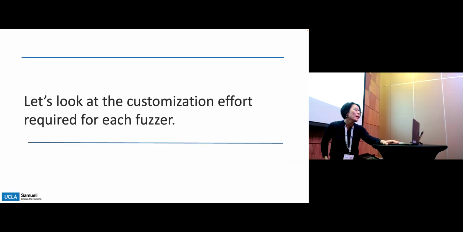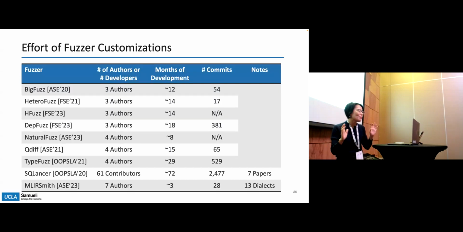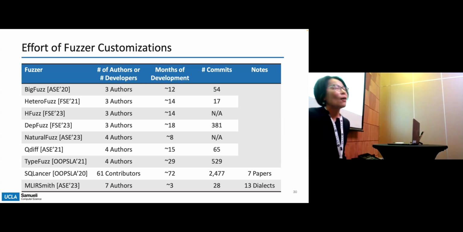Now let's look at the customization effort required for each fuzzer. When you are working on an academic project, it's very hard to calculate effort, so these numbers may not mean very much. But as a PI, I remember each fuzzer took about 3 months minimum, more like 6 months.